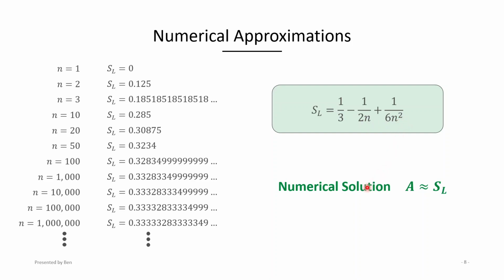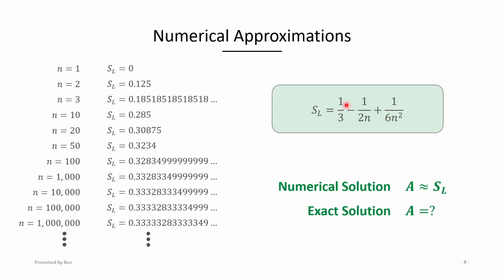But I know some people are not happy with this solution. They like something exact. They prefer this equal sign rather than this equal sign. So can we just go a little bit further and find the exact value of A? Yes, we can.